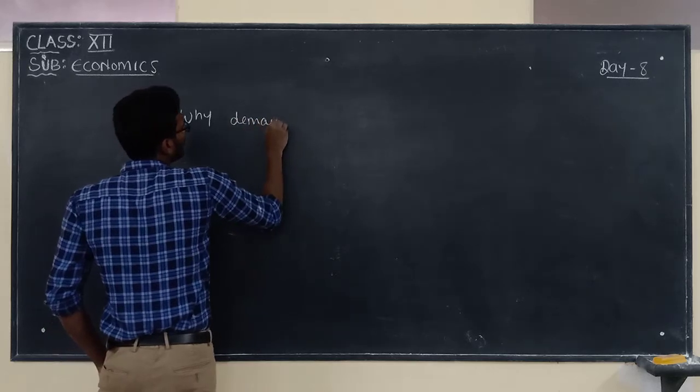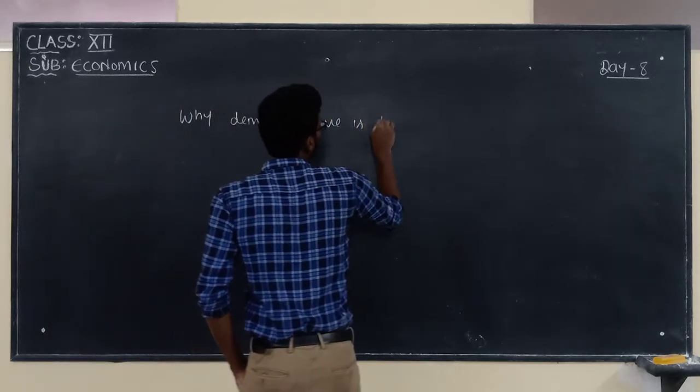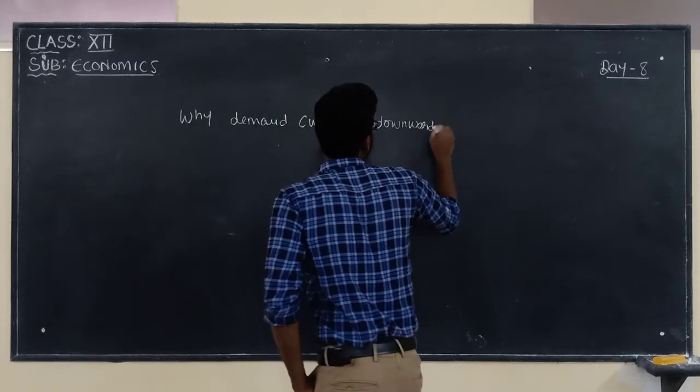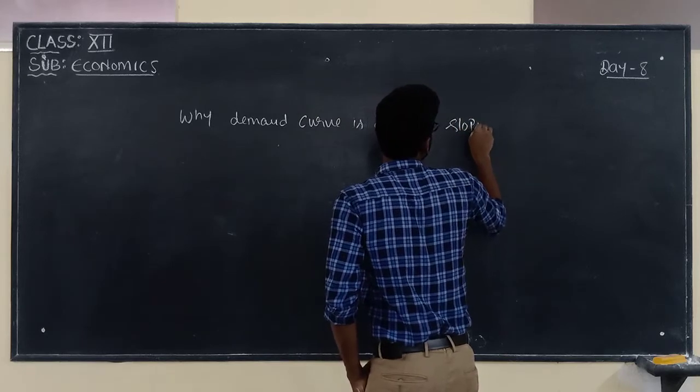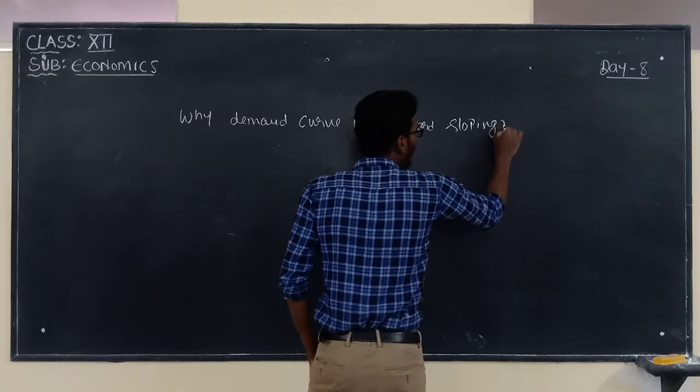Why is the demand curve downward sloping?